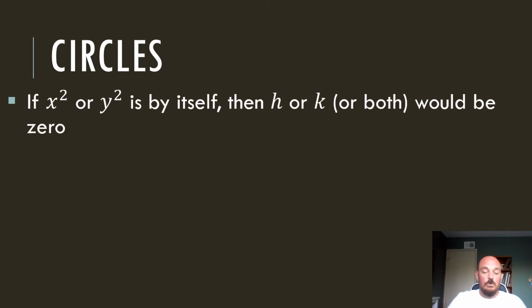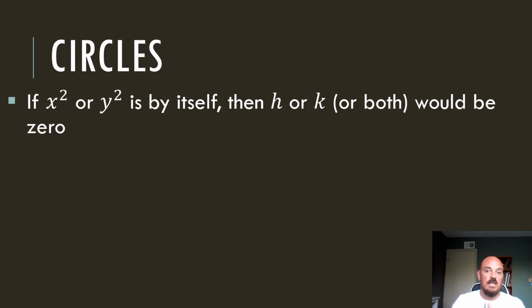Now, one last note before we do a couple examples. If you have the x squared or the y squared by itself, no parentheses, no x plus 3, no y minus 7, so you just have x squared or y squared or possibly both, then that means the h or the k, depending on whether it's x or y or both, would actually just be the number 0.